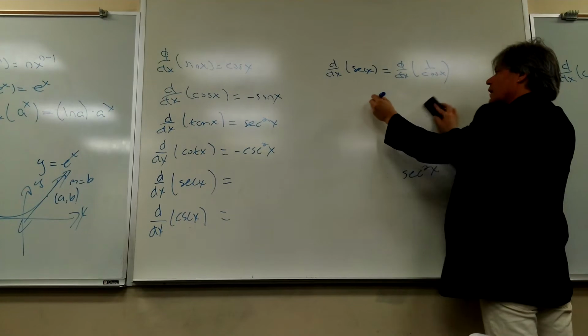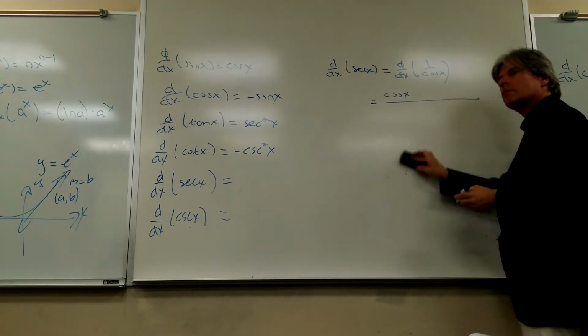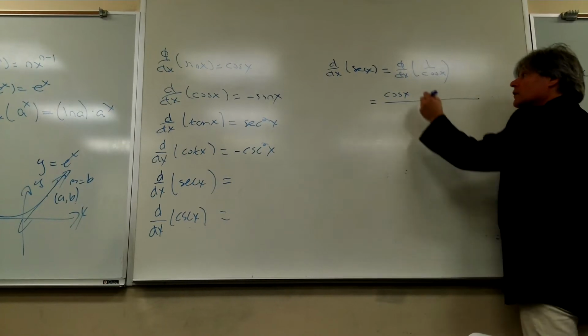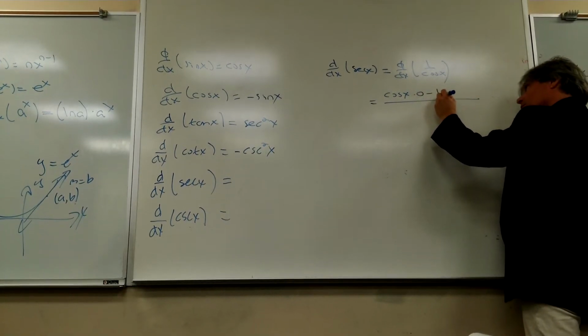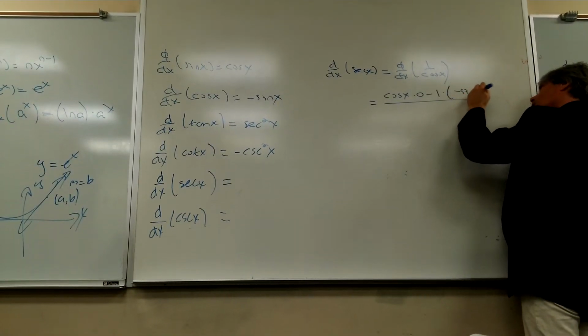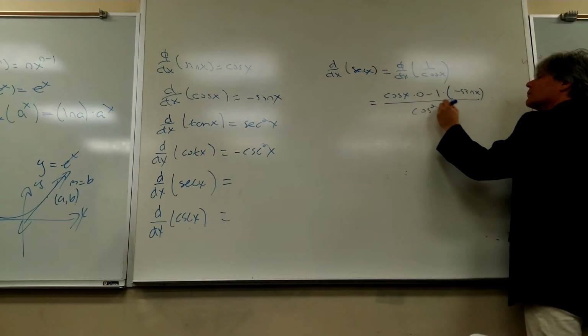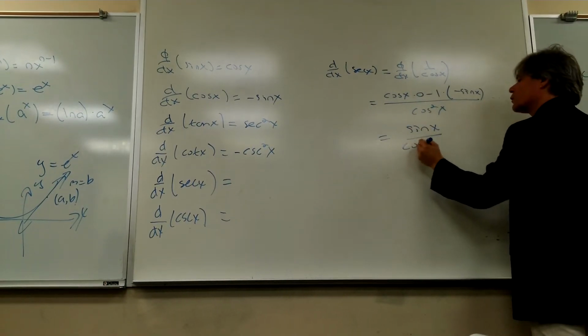Now the quotient rule says I get what's downstairs as is times the derivative of upstairs, minus what's upstairs as is times the derivative of downstairs, all over what's downstairs twice. Or shall I say, I get the sine of x over the cosine squared of x.